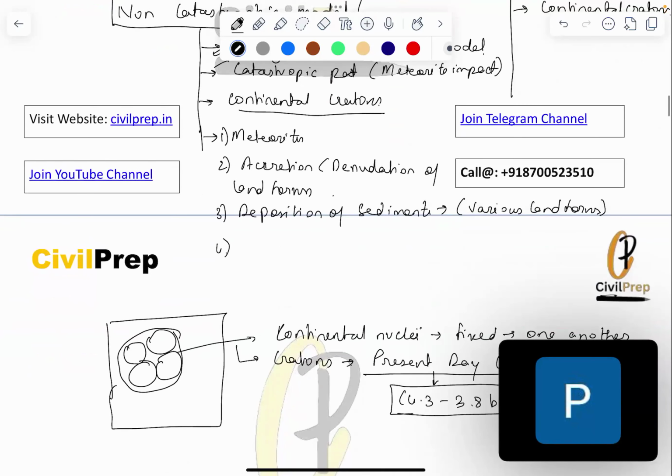Fourth thing, what happened here? First we need to write the oceanic part. The oceanic crust became more dense because of its dense material plus deposition of sediments.